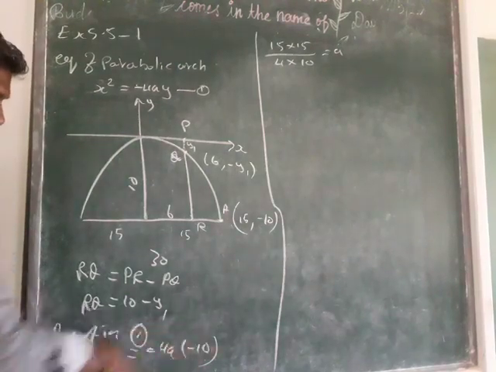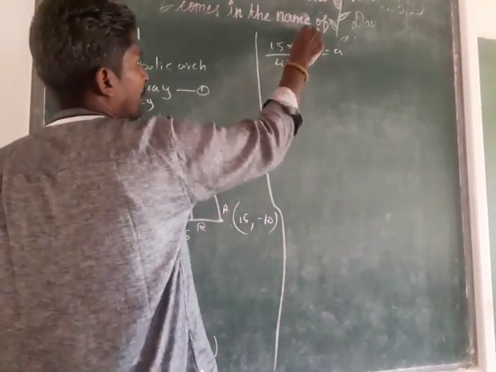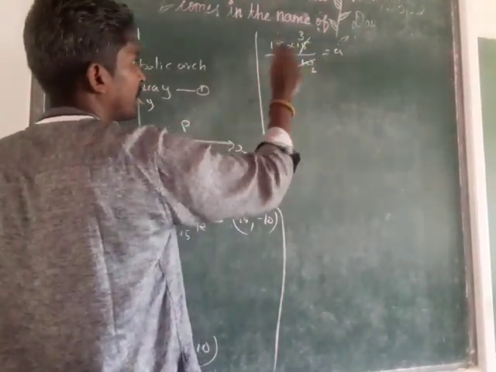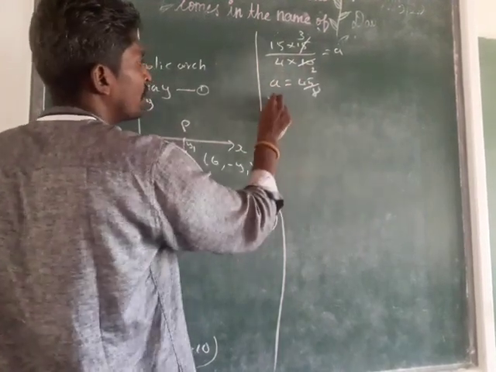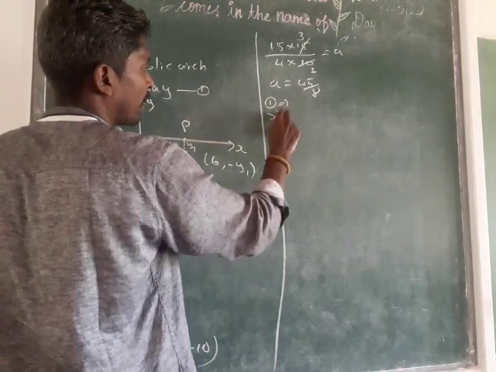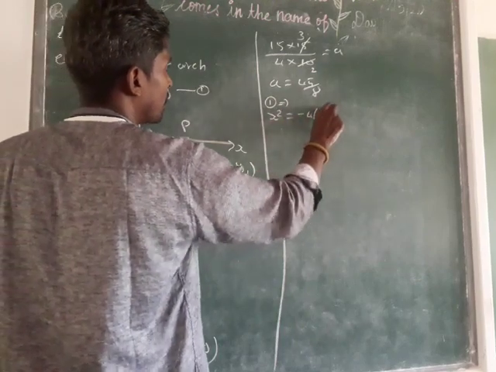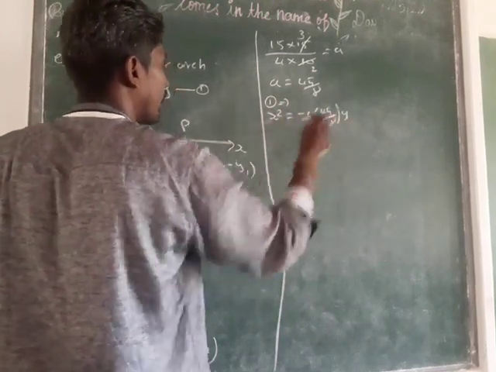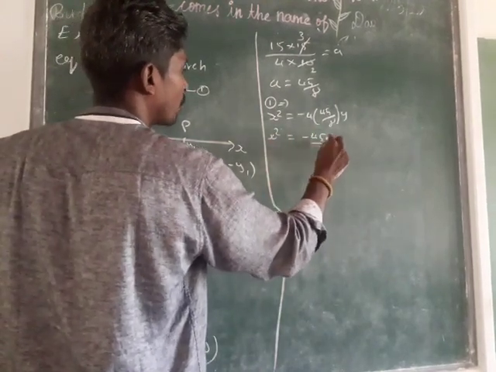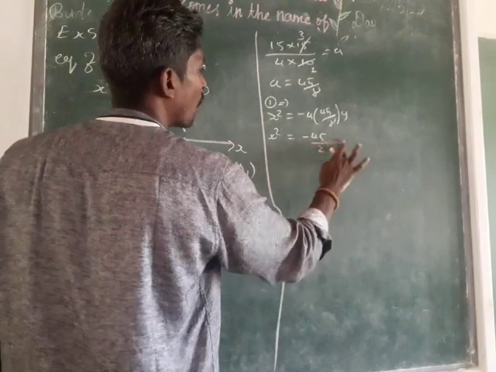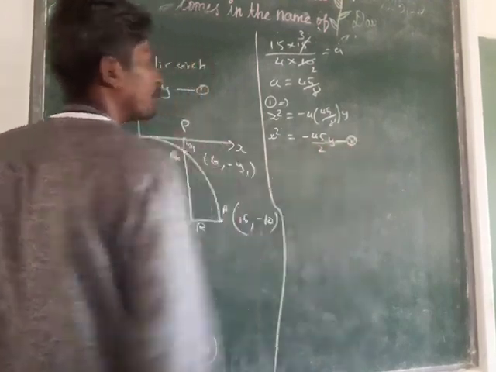Minus and minus gives plus. 3 fives are 15, 2 fives are 10. Then we have a equal to 45 by 8. So from equation 1, x squared equals minus 4 into 45 by 8 into y. Now we have x squared equals minus 45 by 2 y. Take this as equation 2.